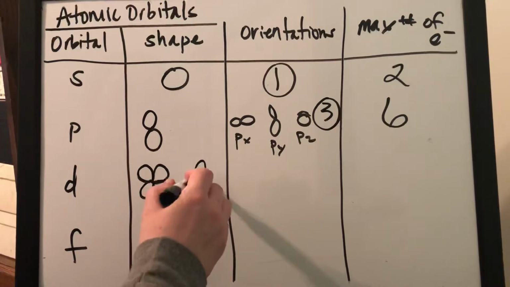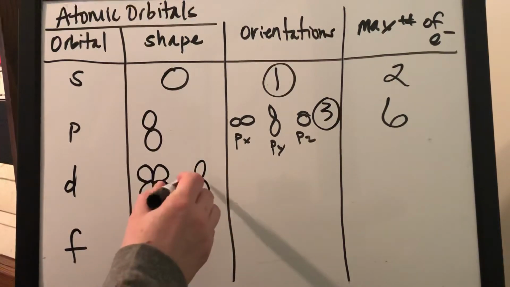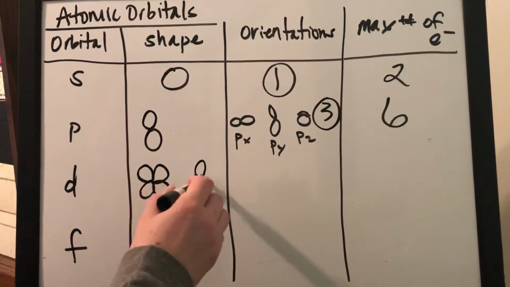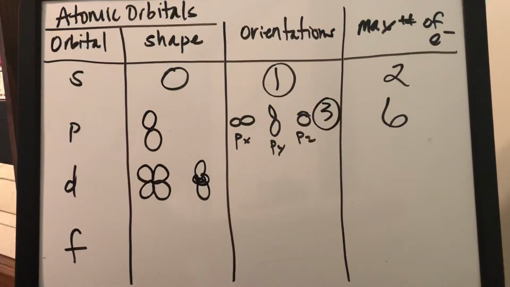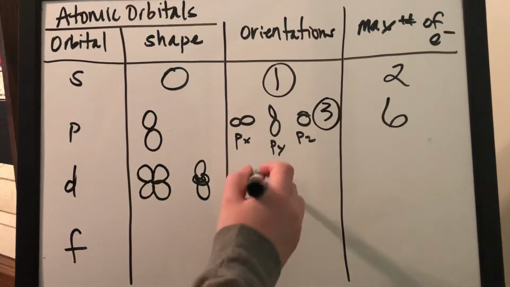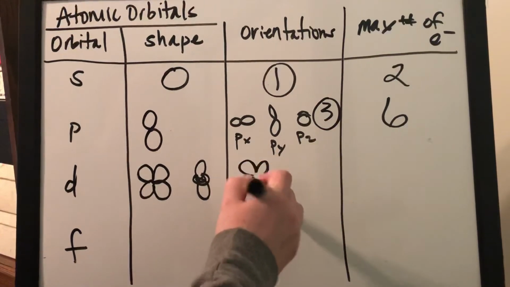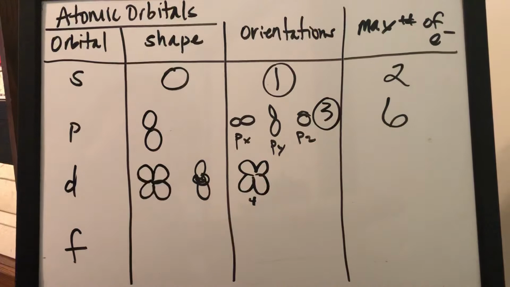It's getting kind of specific, but it looks like a p like this, and it has a kind of a donut shape around the middle. Again, I'll show you these in class in a computer-generated image of them. So in terms of orientation, this is a little harder than just lying along the px, py, pz. So there are 4 orientations of the clover leaf, how they're facing in space.